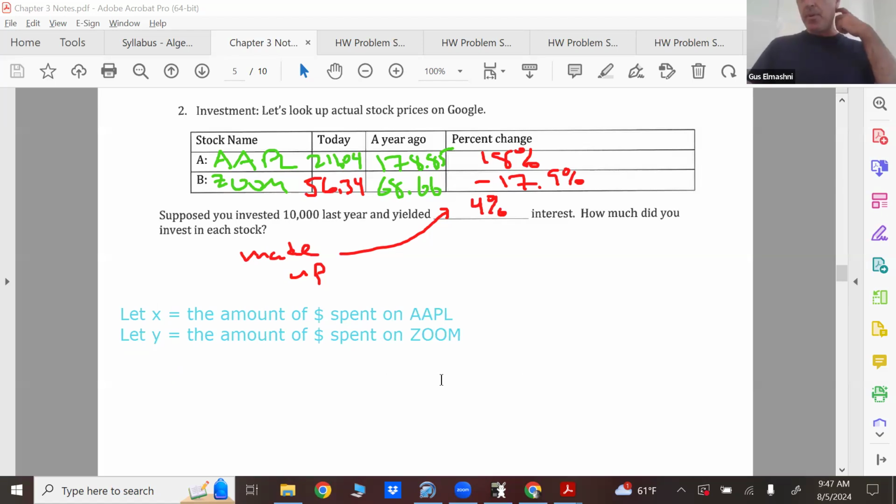Okay, how much money do you spend total on your investments? So X plus Y equals 10,000. This is the tricky part. Actually, let me move this down here.